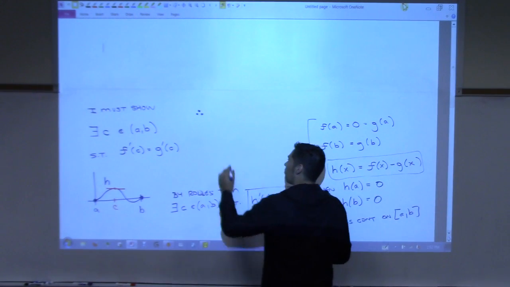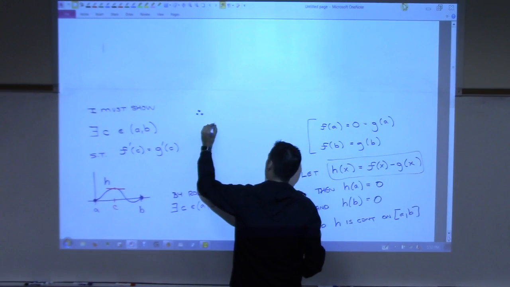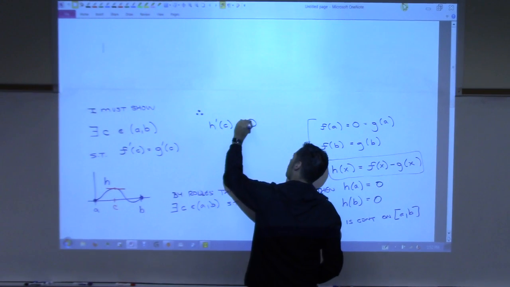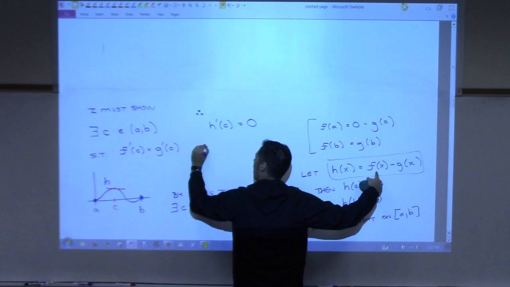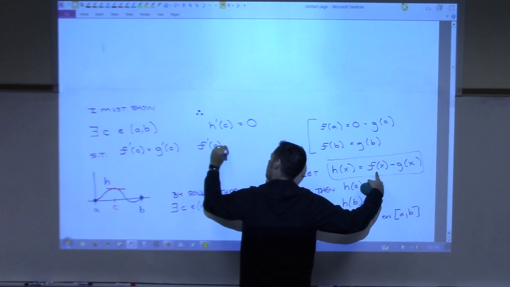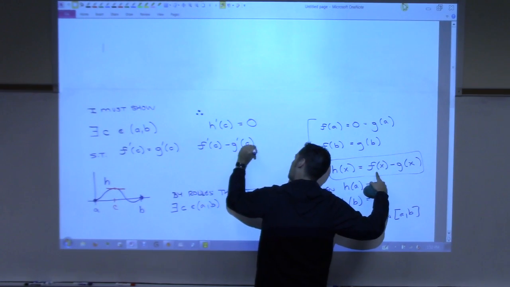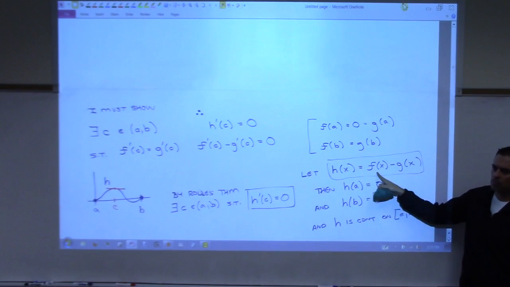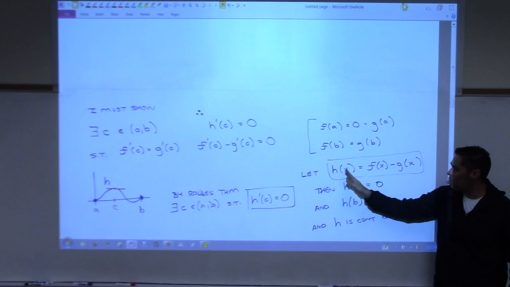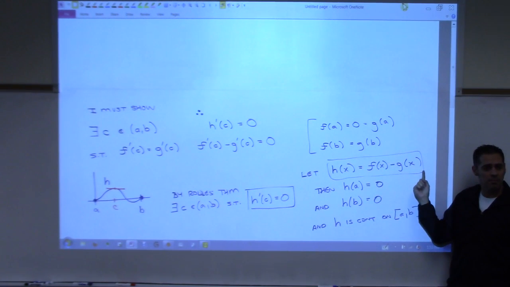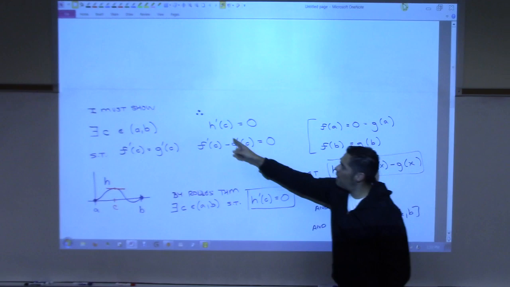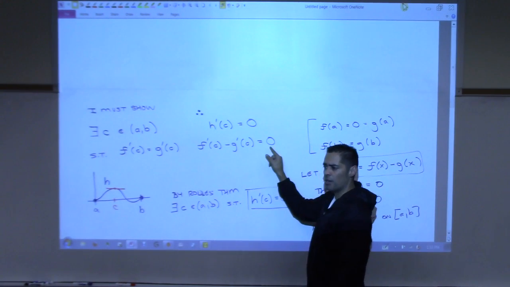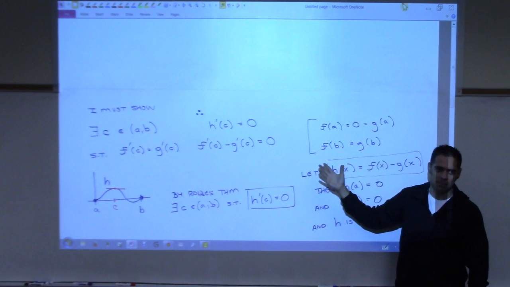Therefore, h prime of c being 0 means that f prime of c minus g prime of c equals 0. Right? If I say h prime, don't I really mean f prime minus g prime? So to say h prime of c equals 0 says that f prime of c minus g prime of c equals 0. I'm almost there.